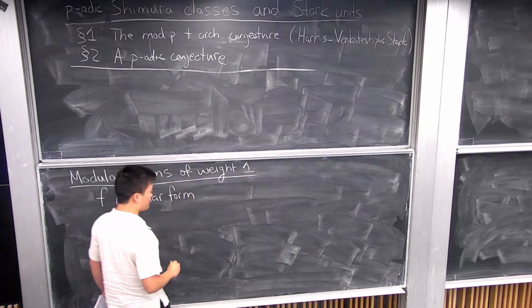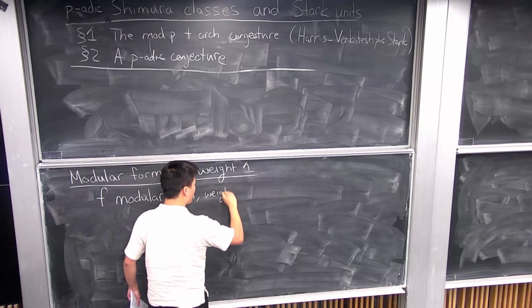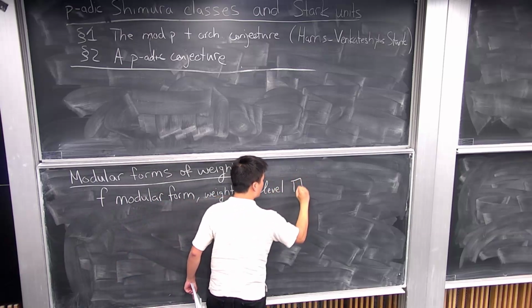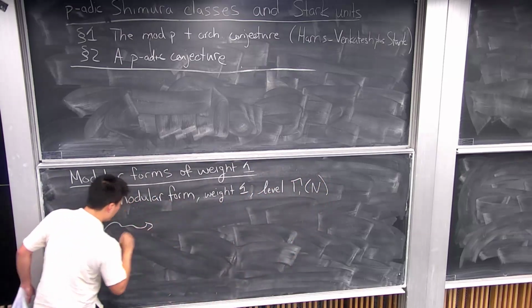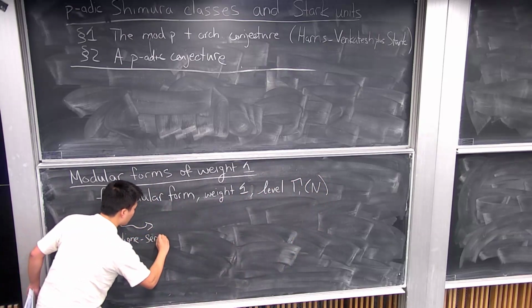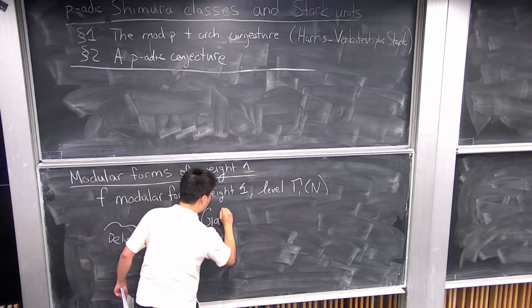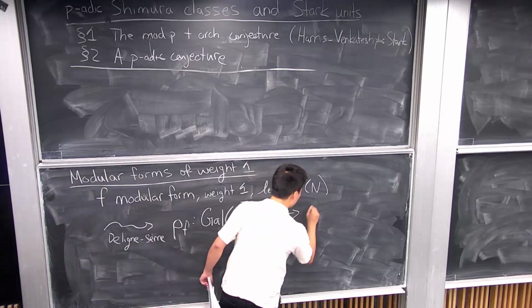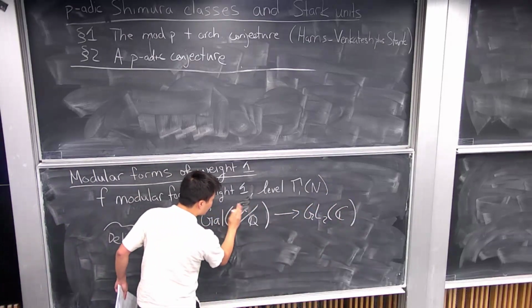Later, I'll take it to be a newform, but let me just say modular form of weight 1 for gamma 1 N. And by the work of Deligne and Serre, I can associate a Galois representation to F, denoted rho F. The two-dimensional complex representation of the absolute Galois group of Q. And in fact, I can take this to be some finite extension.